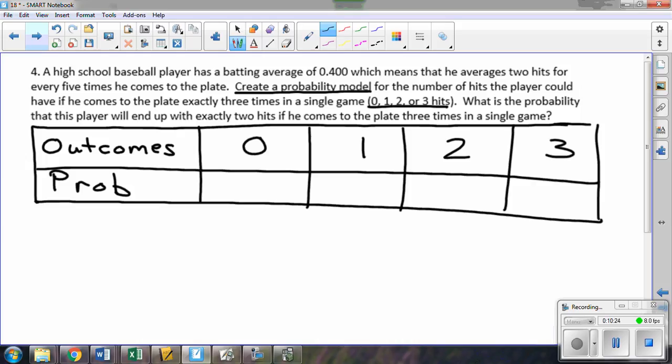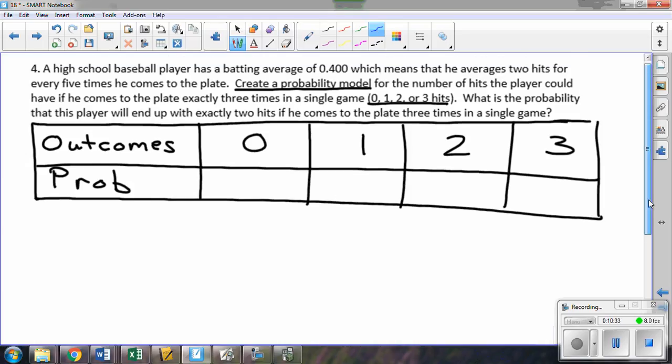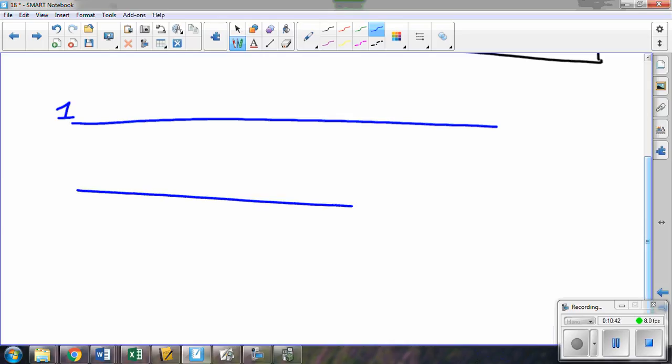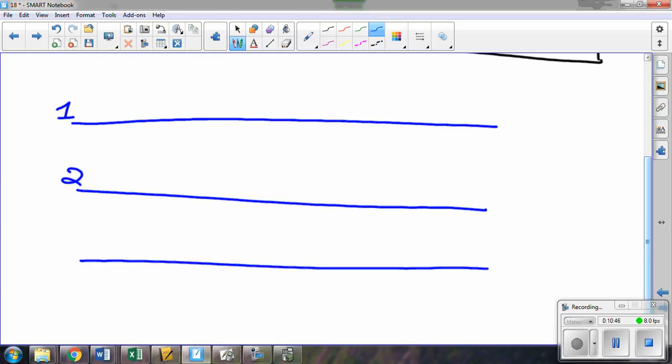In order to determine those probabilities, we need to create a tree diagram. When we create our tree diagram, we're told that this player comes to bat 3 times during the game. So we will have first at bat, second at bat, third at bat. In the first at bat, there are 2 different options.